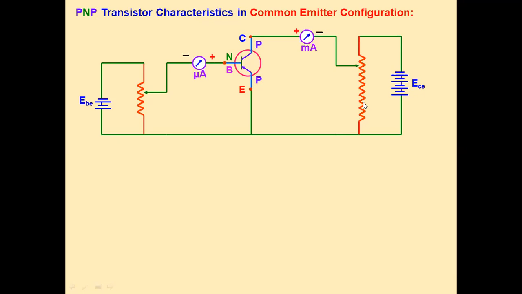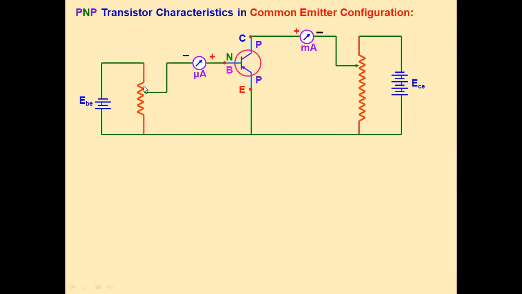So we'll see the IV characteristics of the transistor in common emitter configuration. This is the circuit diagram. This is a PNP transistor. Then this is the biasing voltage applied across the base and emitter region, and it is in forward biasing. Second, this is another biasing voltage, VCE, applied across collector and emitter.